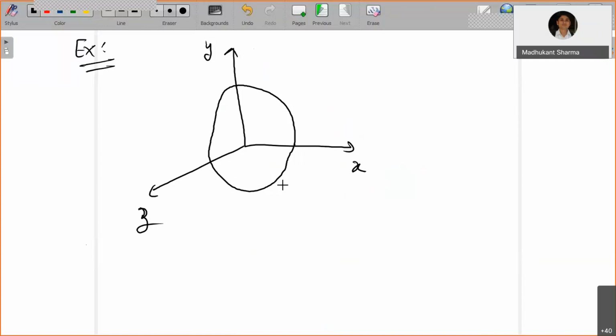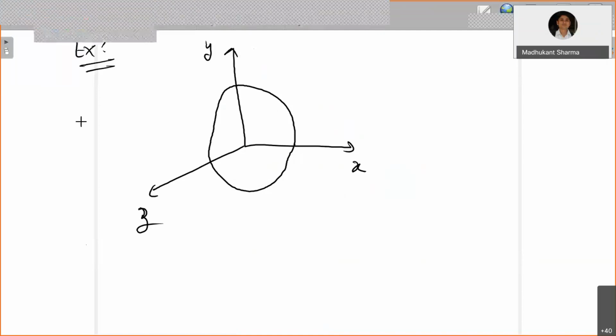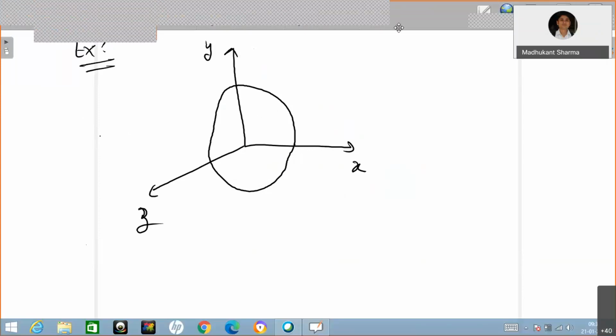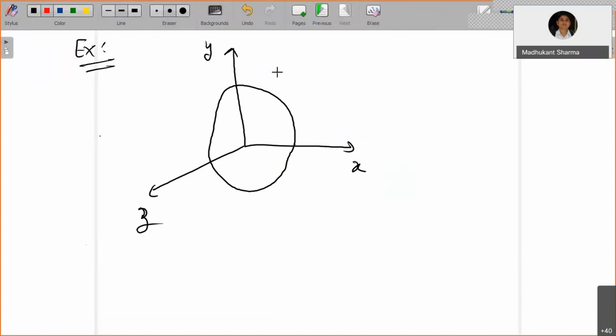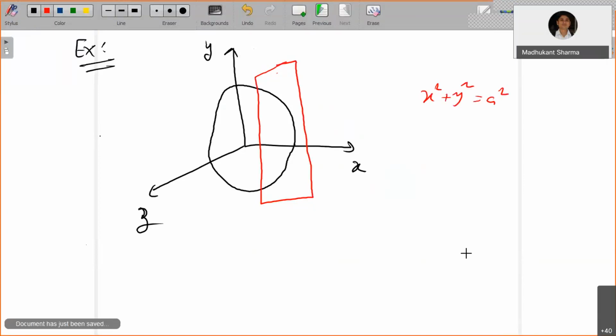Now, if you take any planar curve and intersect this sphere with it, the cross section you will obtain is nothing but x square plus y square equals a square, the circle.